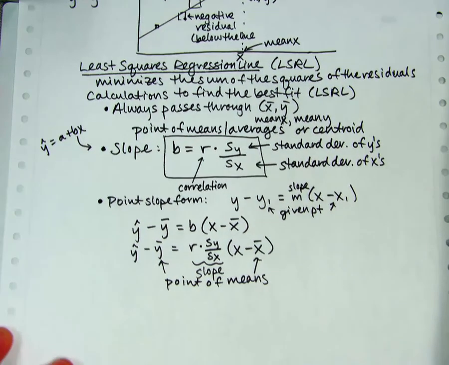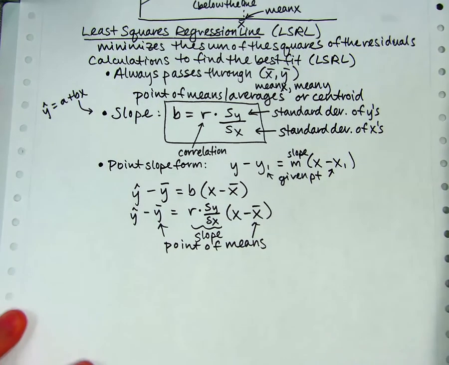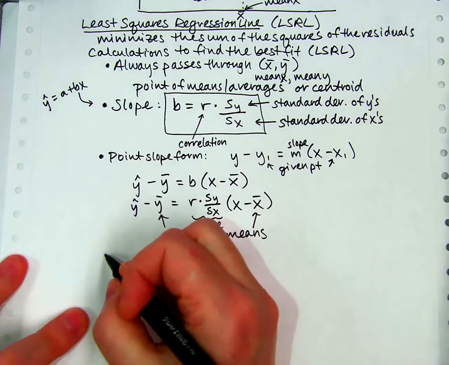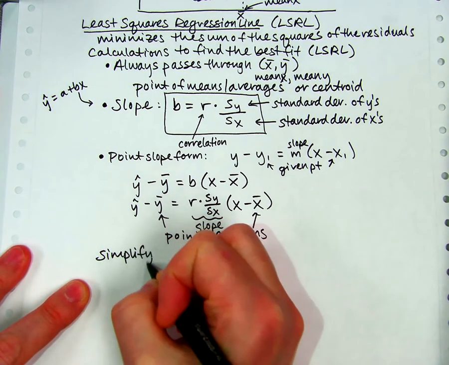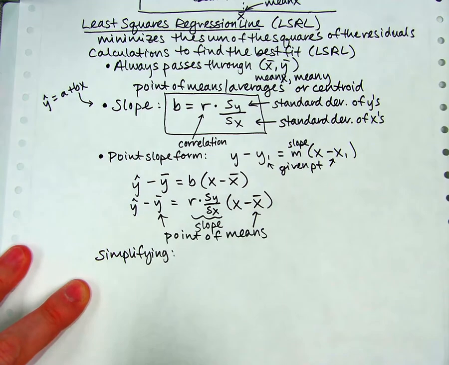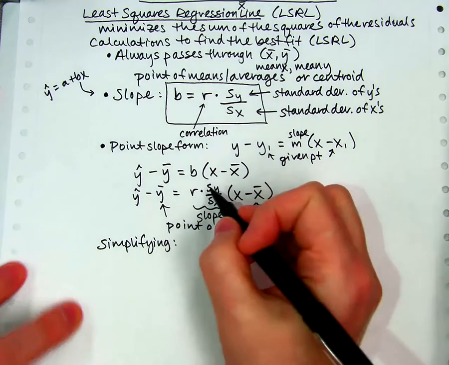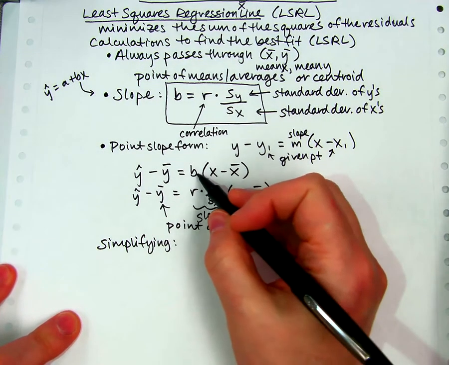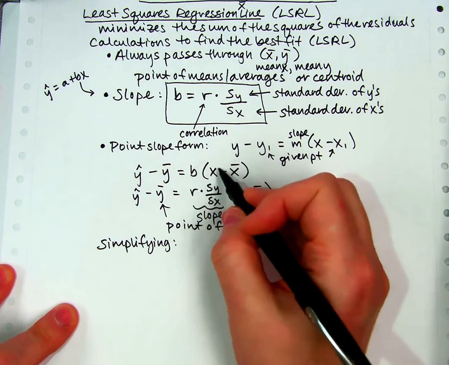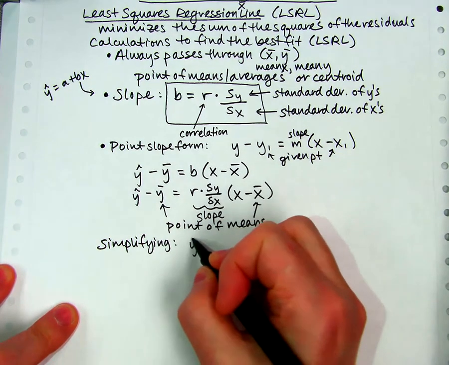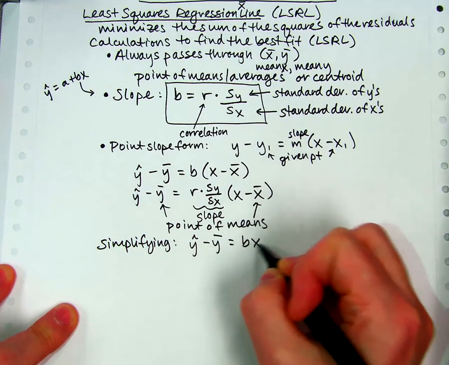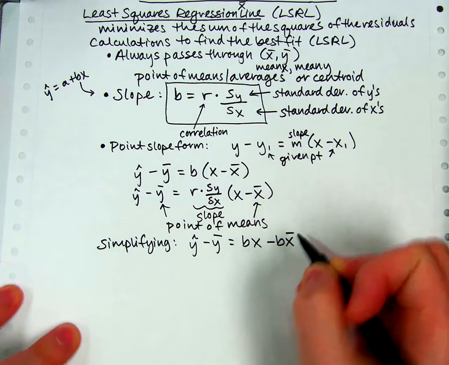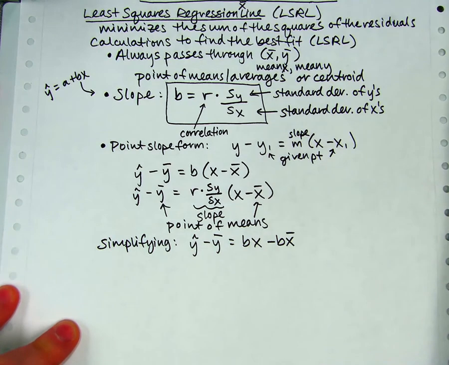Now, you don't have to use this form. Obviously, I could simplify this form and get it to look a lot better than that. So let's do a little bit of algebra. I could take my slope, which actually I'm going to go back to calling b. I think that's easier, and I'm going to distribute the slope. So I've got y hat minus y bar equals bx minus b x bar.